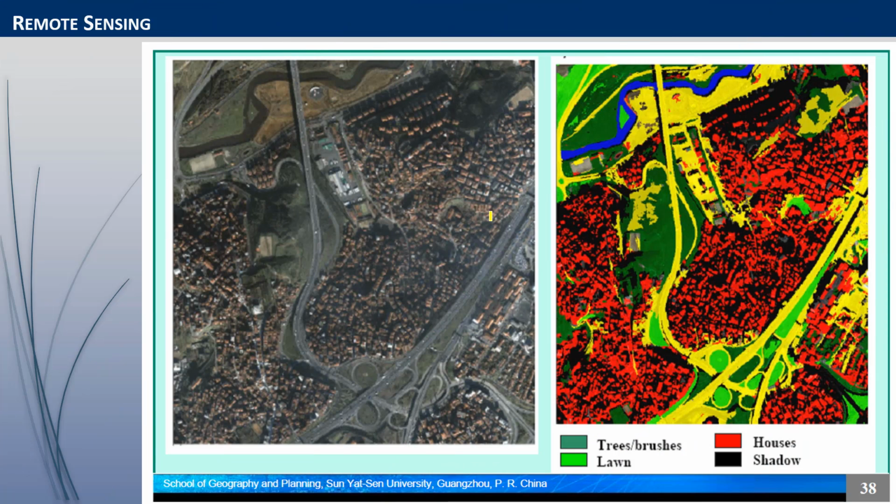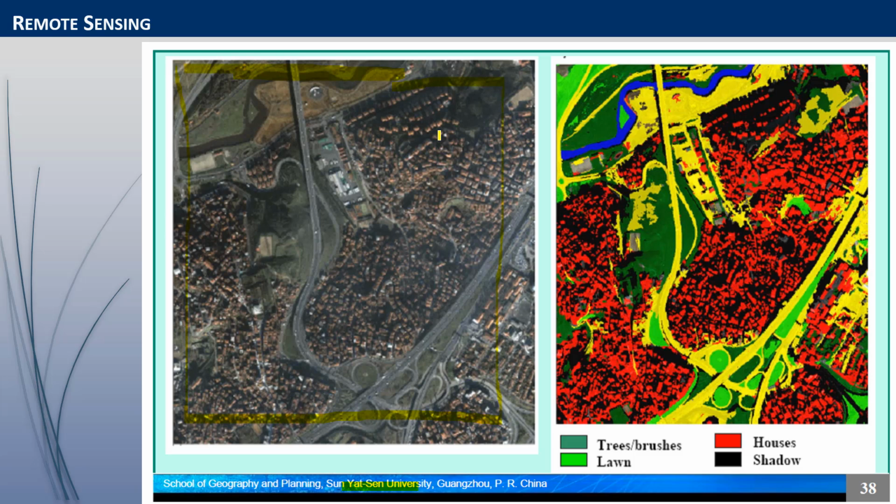This is the GIS image generated. On the right-hand side you can see the heat maps, which are generated by GIS software. On the left-hand side is the aerial image of a particular region. This research was conducted at a university, and it captured this aerial image of a particular location.